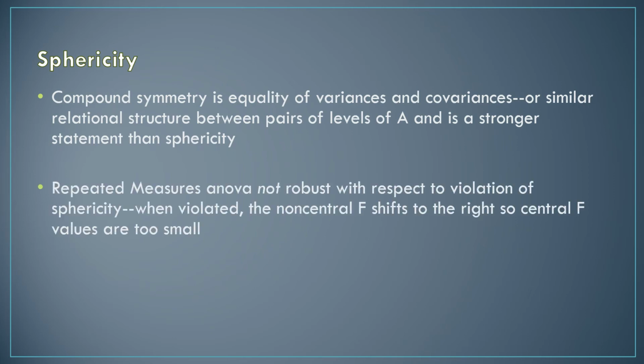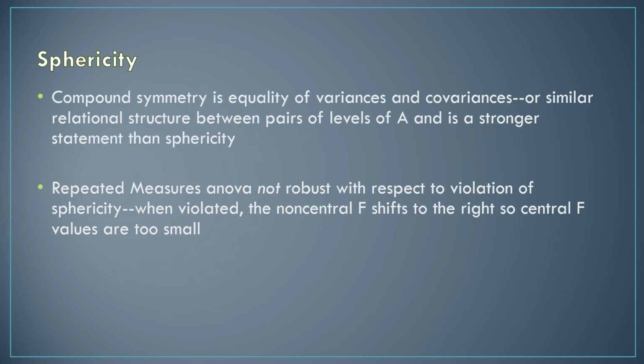And so we tend to use tests of compound symmetry to test the assumption of sphericity. And this is because repeated measures or within subject designs are not robust enough to overcome a violation of sphericity.